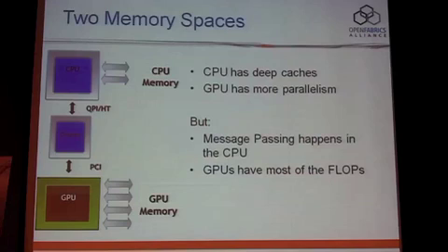A single top-of-the-line NVIDIA GPU today has about 515 gigaflops raw double precision performance. And typically in most installs we see usually 2 or sometimes 4 and now going to 8 GPUs per node. So there's a lot of flops attached to the GPU memory, but it's on the wrong side of the PCI Express fabric to work with MPI.